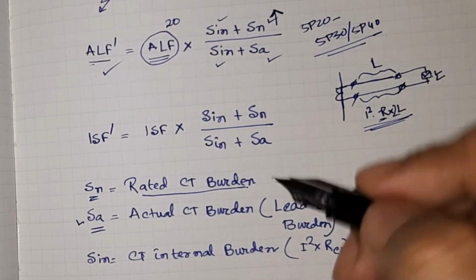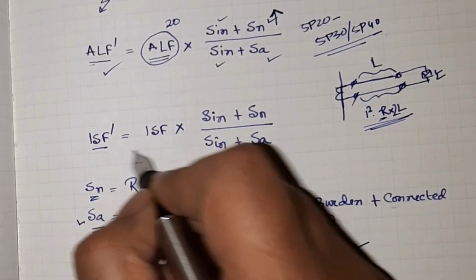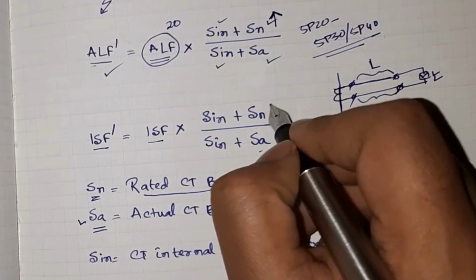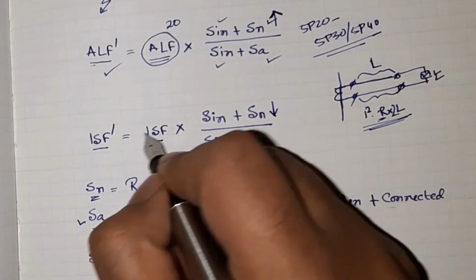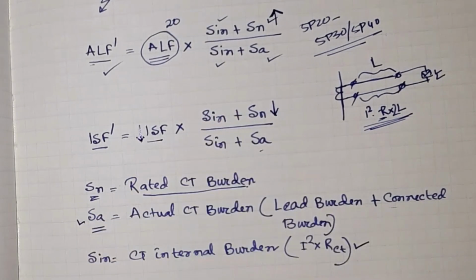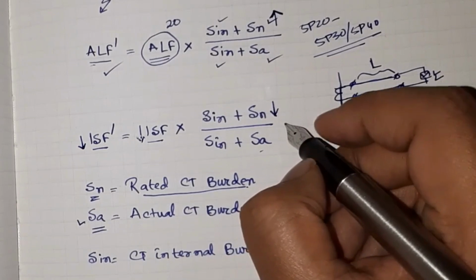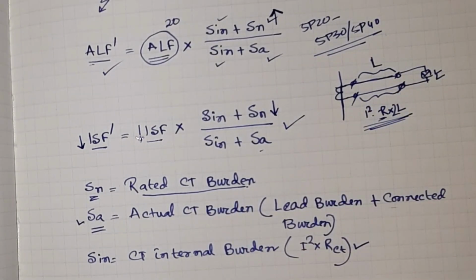For ISF, for metering class CT, the formula is the same. ISF' is equal to ISF into (Sin plus Sn) by (Sin plus Sa). Here, if the Sn goes down, if it becomes lower, then the actual ISF will go down. This actual ISF will go down, so it will give you a better CT which saturates at a lower value of the higher current.